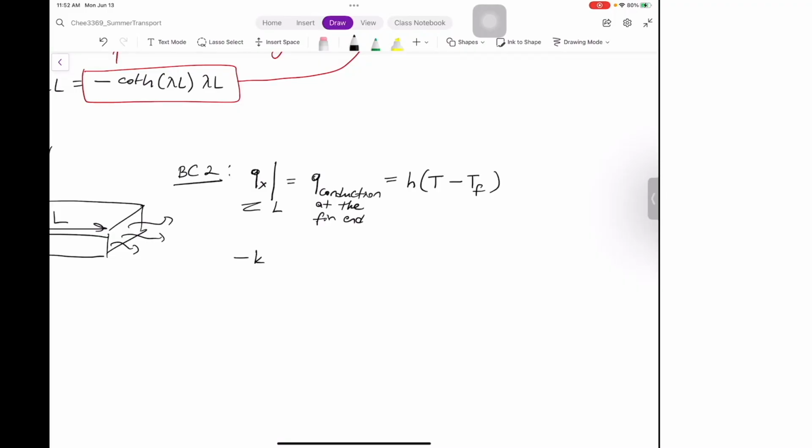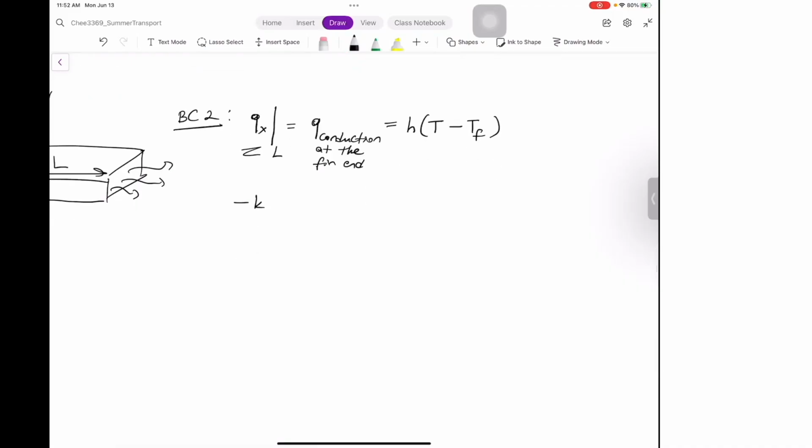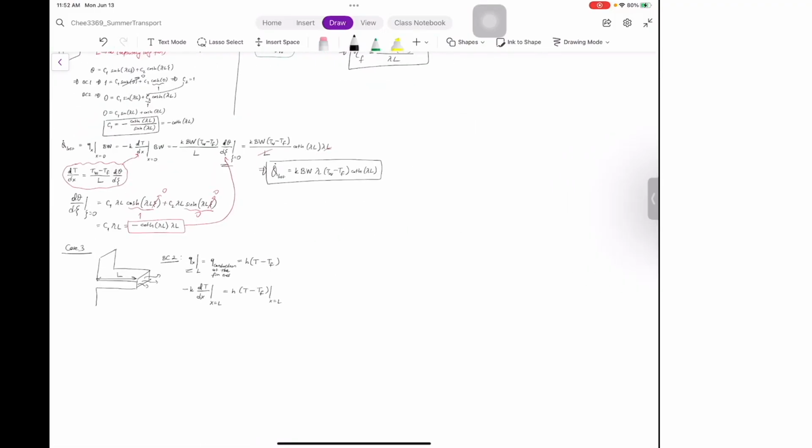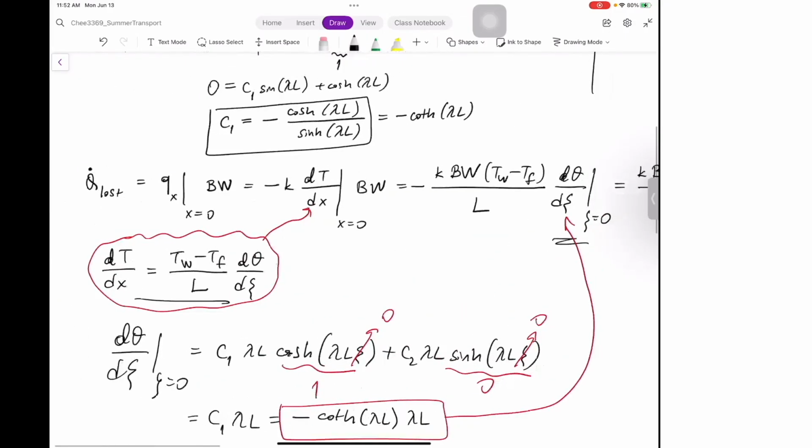So let's do it. I think we have time, 8 minutes. Yeah, we can actually finish this. That's an excellent point. K times dt over dx at x equal to L is equal to H times T minus TF at x equal to L. Now, dt over dx, I had this expression here already.